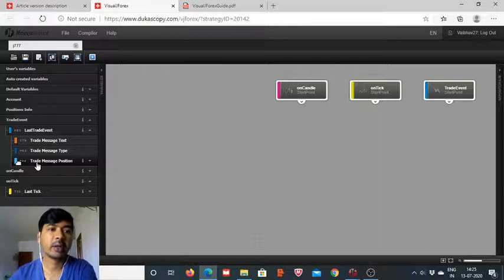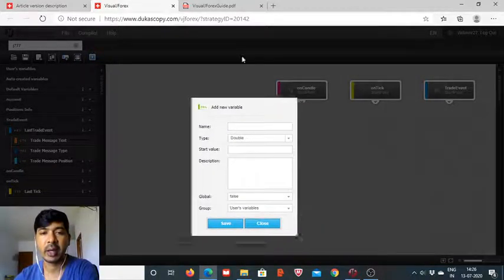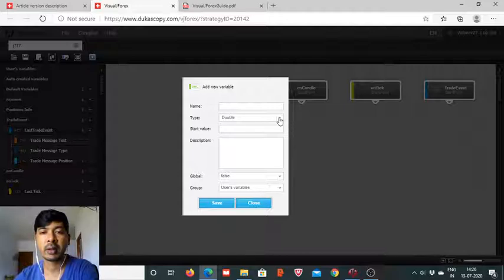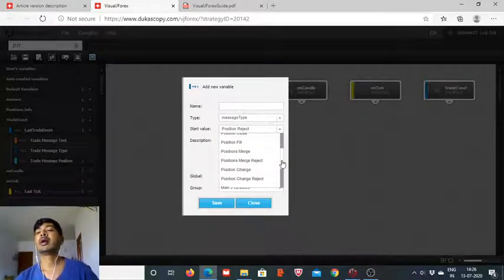If you want to see, you can create a fresh variable, and if you put message type in the type section, then you will have these start values which you can use to see what sort of trade event has happened, if it is in a long trade or a short trade, how the position change happened, what kind of prices the trade has been filled on, or if you want to use a trailing setup.